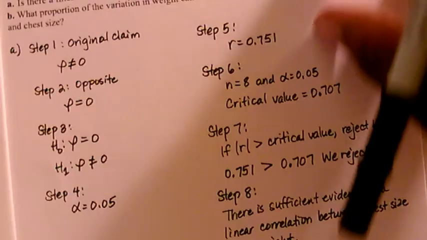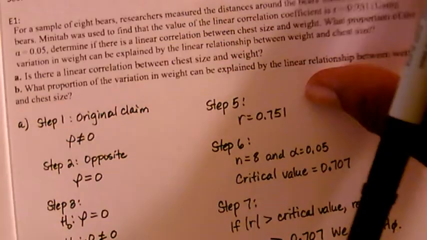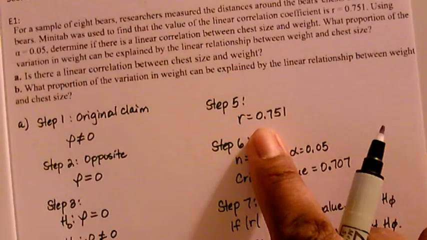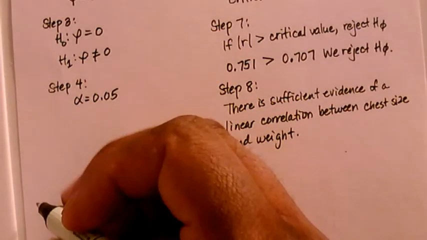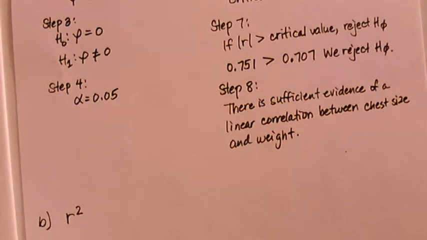Now part B, what proportion of variation in weight can be explained by the linear relationship between weight and chest size? Back to step 5, it says R is equal to 0.751. So the proportion of the variation is simply R squared.